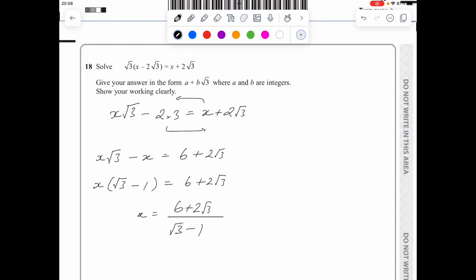Now you can put this on the calculator and get a rationalized form, but because the question says show your working clearly, I have to show how I rationalize. So multiply both top and bottom by square root of 3 plus 1.